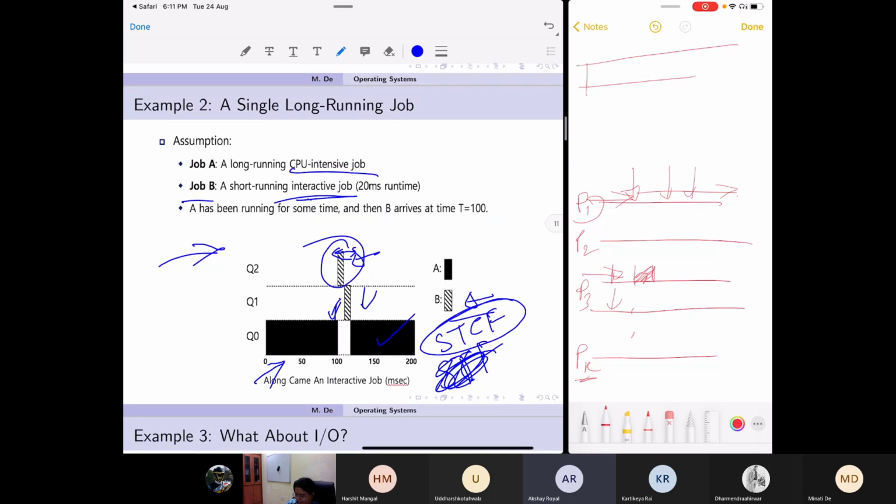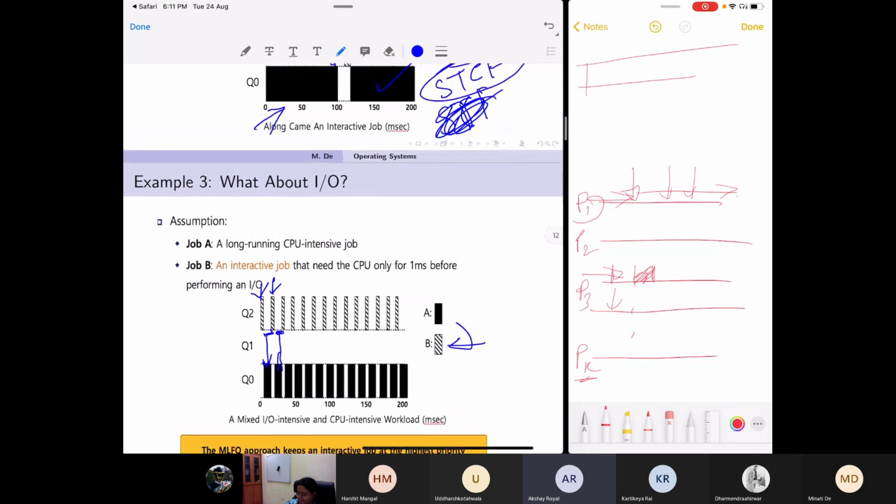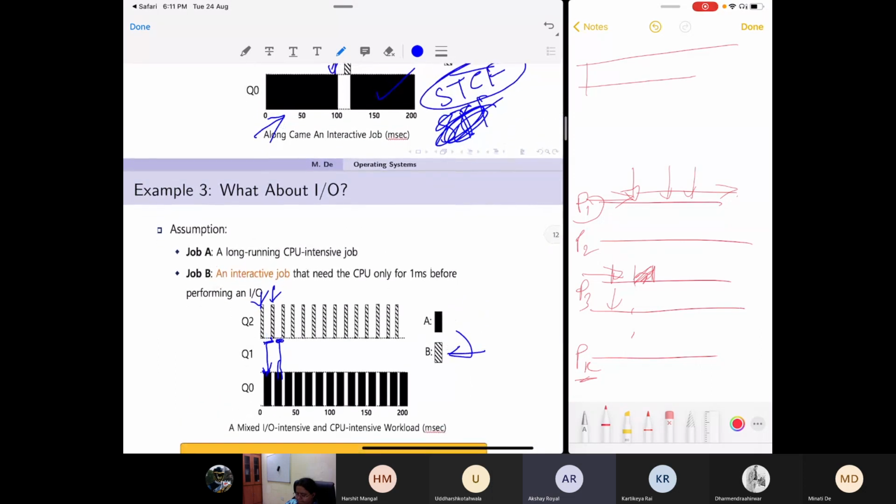But in the next slide, after whatever time slice you mentioned for the queue, it is automatically relinquishing the CPU and the CPU is being passed on to job B. How is it happening? Why is it not completing, and why is the CPU being transferred to job B in Q2?